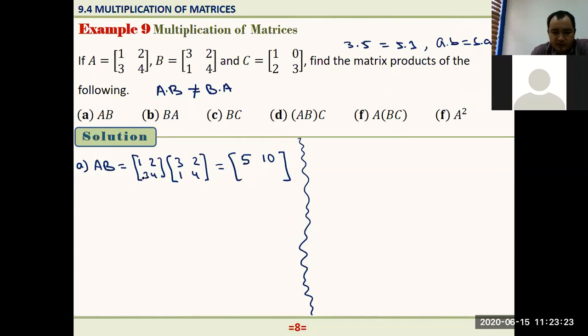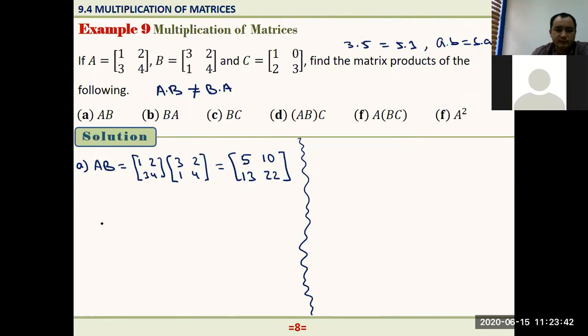Now the second row by each column. Second row, 3 times 3, 9, 4 times 1, 4. 9 plus 4 is 13. And second row by the second column, 3 times 2, 6, 4 times 4, 16. The sum is 22.